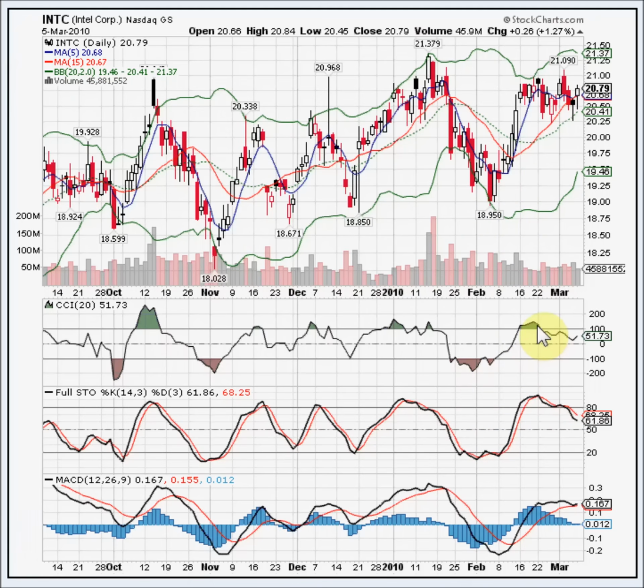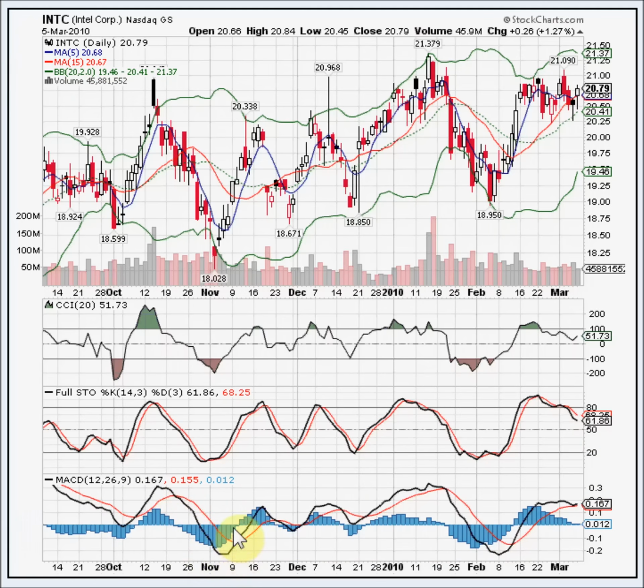So remember, the CCI is the plus 100 line, the minus 100 line. Stochastics is the 80 line to be overbought, below 20 to be oversold. And the most important thing about the MACD is the 0 line and the fast line crossing either down through the slow line or crossing up through the slow line.